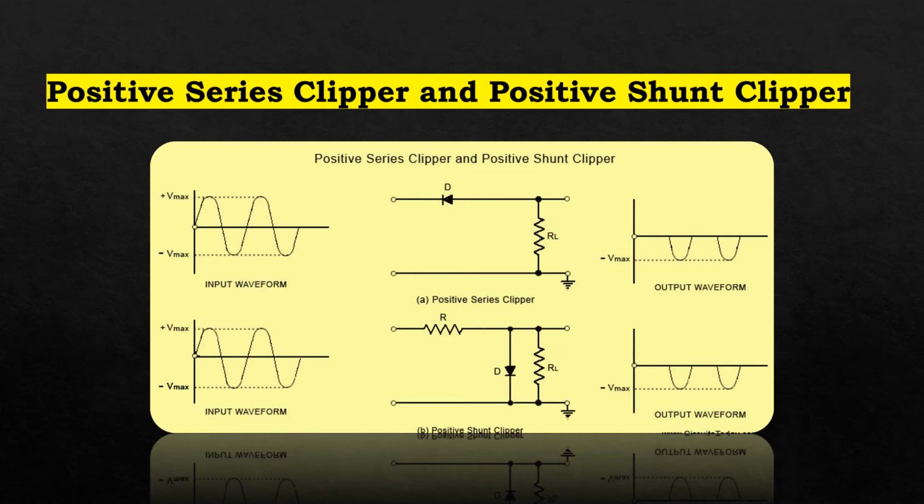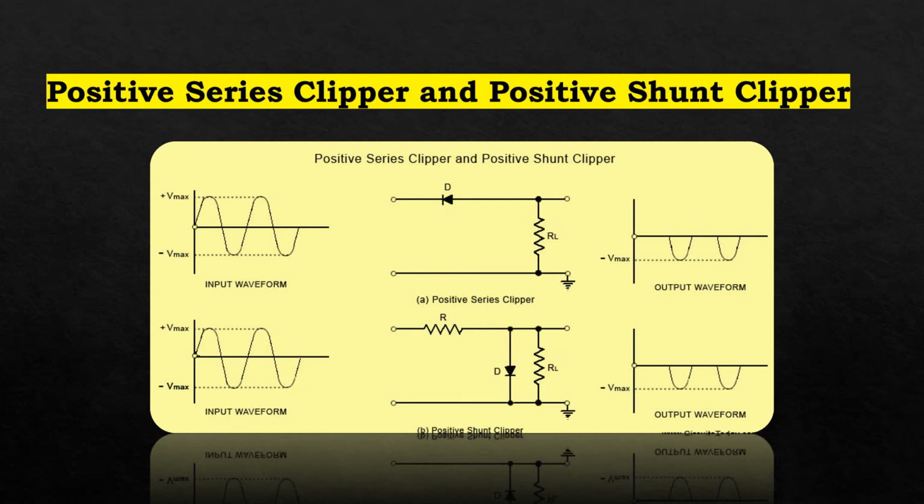In figure B, the diode is kept in parallel or shunt with the load. This is the diagram of a positive shunt clipper circuit. During the positive half cycle, the diode D is forward biased and the diode acts as a closed switch.